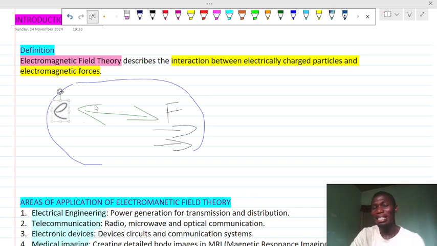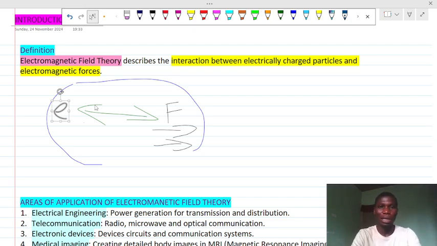But I said that these particles have two things that stand out: magnitude and direction. So particles have magnitude and they have direction. This is the idea of a vector.